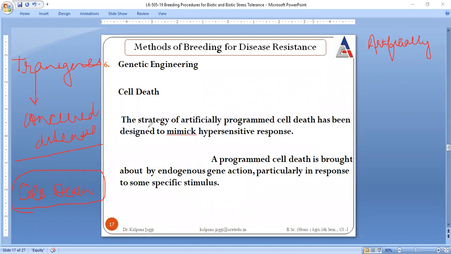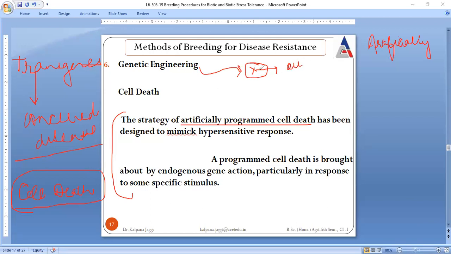So the strategy, very important, listen carefully, is the strategy of artificial programmed cell death. That means you have to genetically engineer the cell. You will make certain modifications in the genotype of the cell, in a way that the cell affected by the disease, in which the disease cannot be controlled anymore, will lead to artificial cell death.